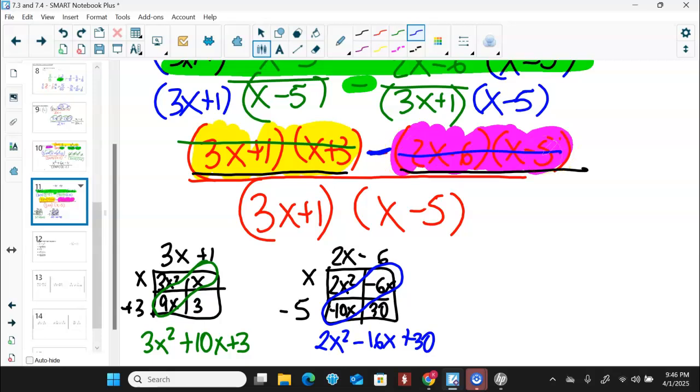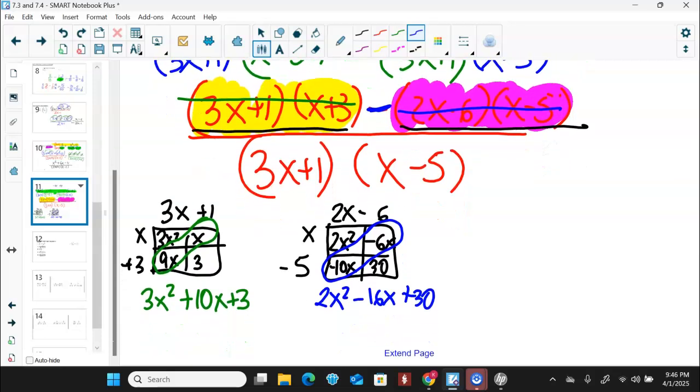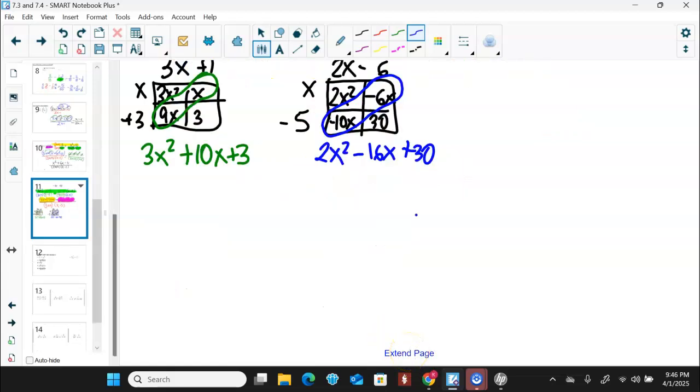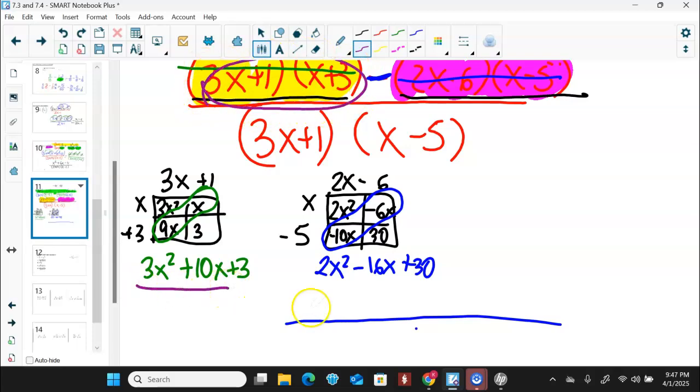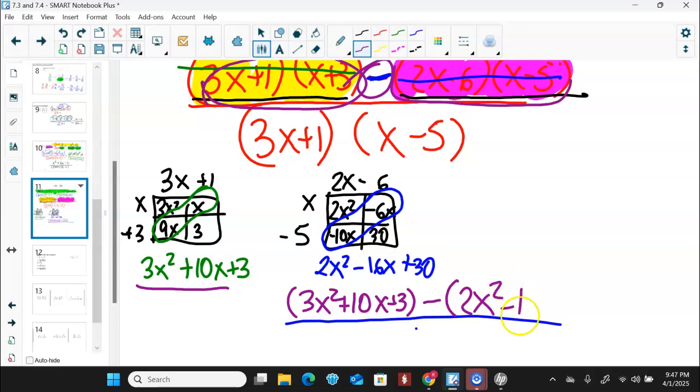That's this one. Now, I'm going to rewrite that right here, very quick for you, so you can see it, all right? So we got the first parenthesis, which is 3x squared plus 10x plus 3, minus the second parenthesis, 2 factors, and that was 2x squared minus 16x plus 30, okay?